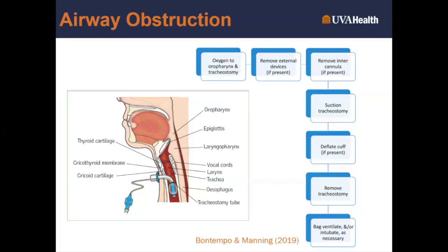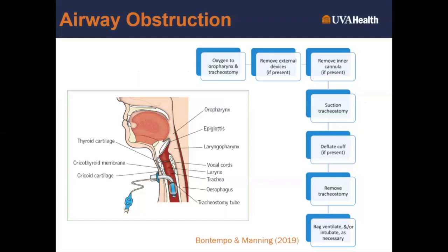Now, if there are any external devices covering the trach itself, remove them because you want to have access to it. Maybe they have a speaking valve on, maybe they have humidified oxygen or humidified air on. You'd want to remove that so you can get in there and do what you need to do. If they have an inner cannula, your next step is to remove it because these are for secretion management.